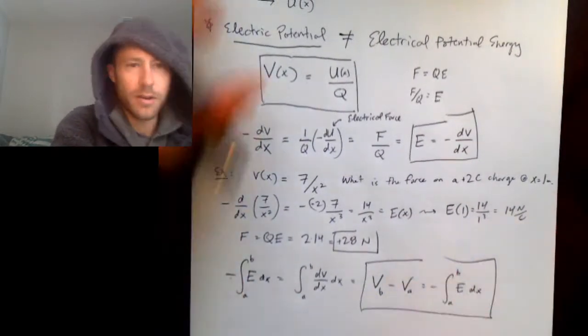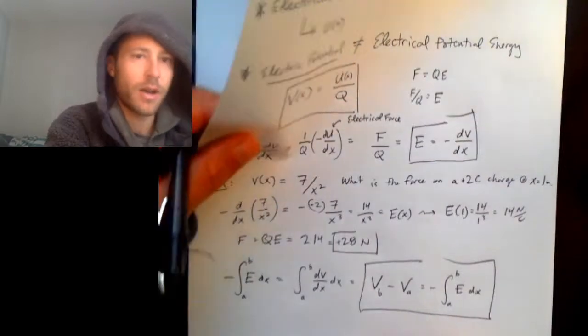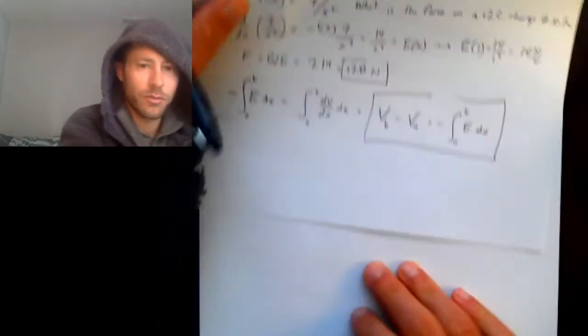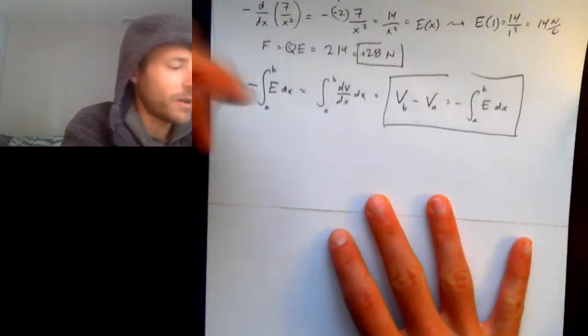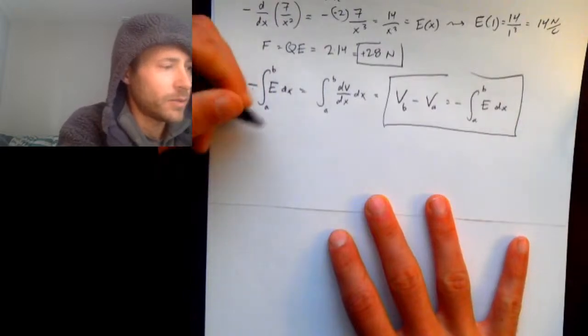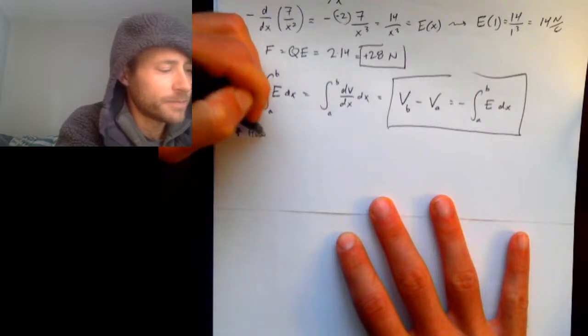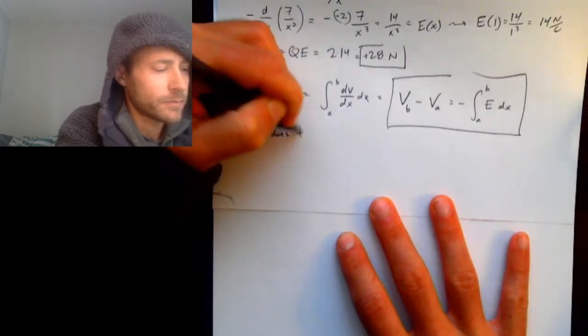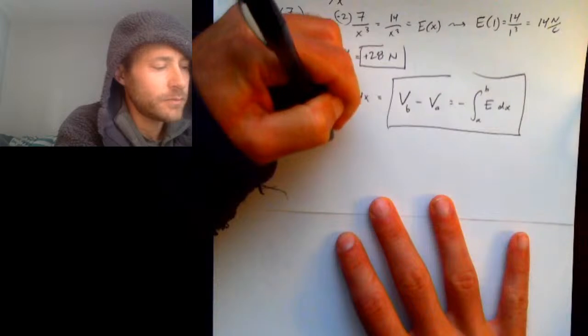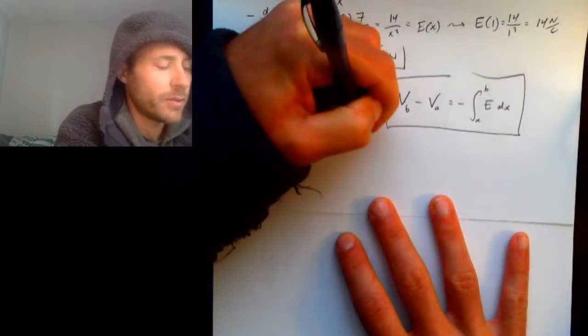Now, it is not part of the AP Physics C or the IB curriculum to teach this, but I just wanted to talk really briefly about it, because I think it's cool. How does this work in 3 dimensions?